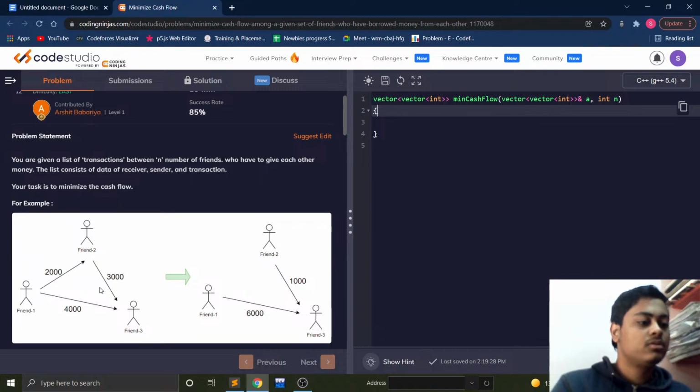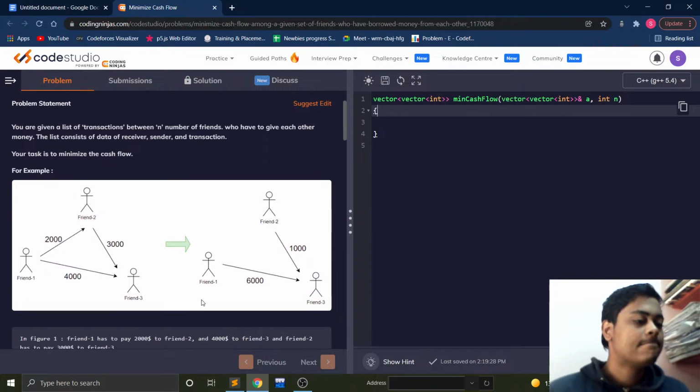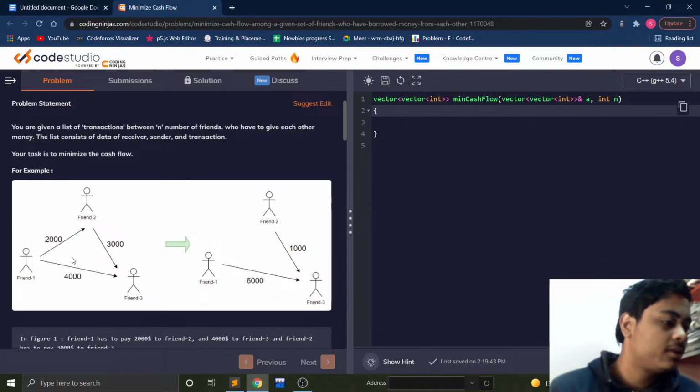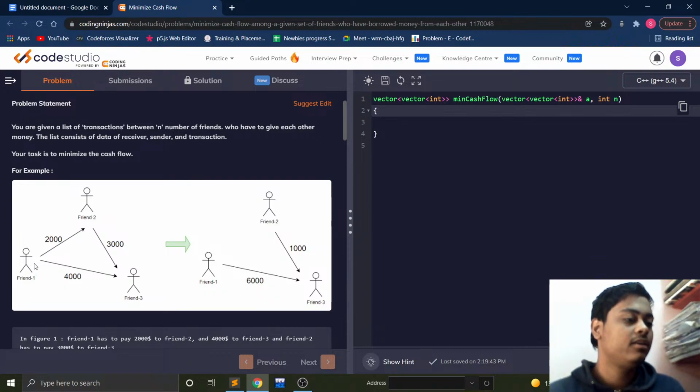Okay, so for an example here, this person wants to give 4,000, 2,000, 3,000. So I can divert this 2,000 into this one. If I'm friend 1, I'll tell friend 2 that I'll give this 2,000 to him, you only give 1,000.